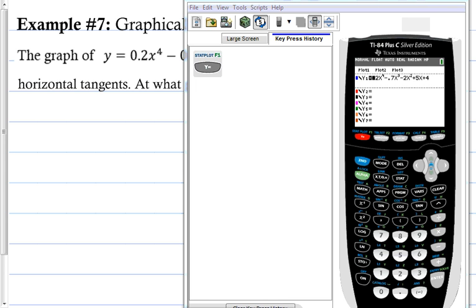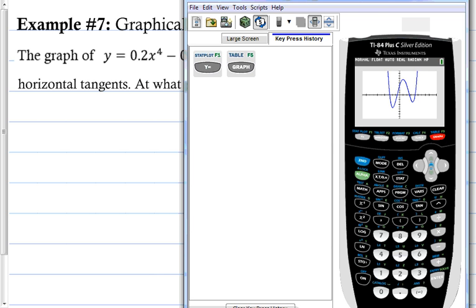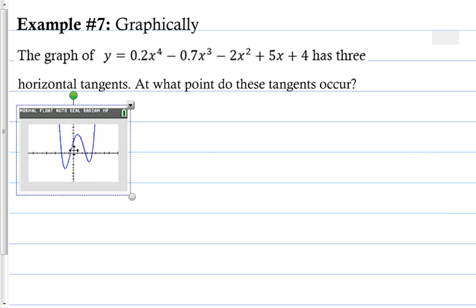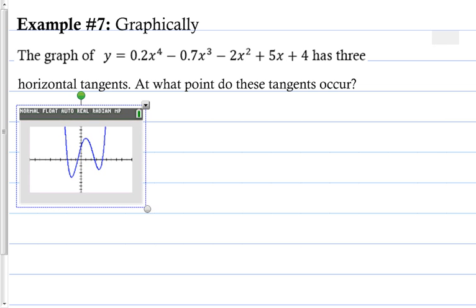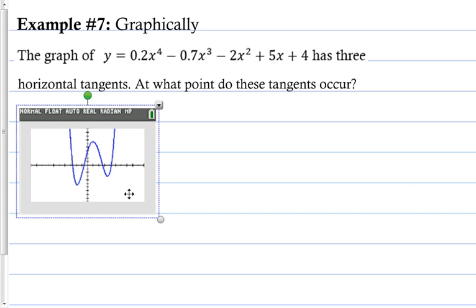I'm going to graph, and there's my graph. You have it on your page already. The slopes are going to be 0 everywhere that I have a minimum or a maximum. So right here, at this point, and at this point, whatever those points are.